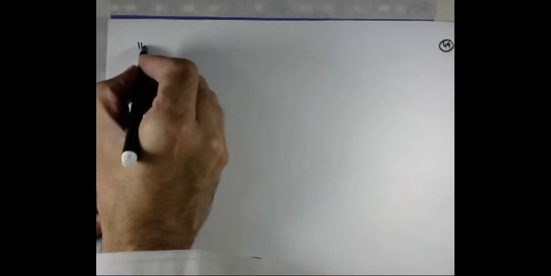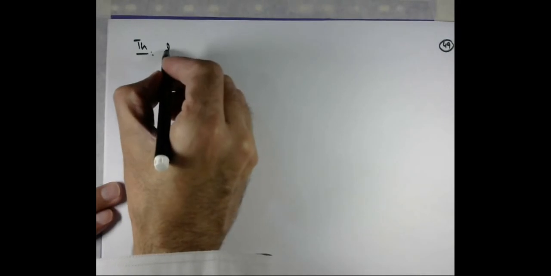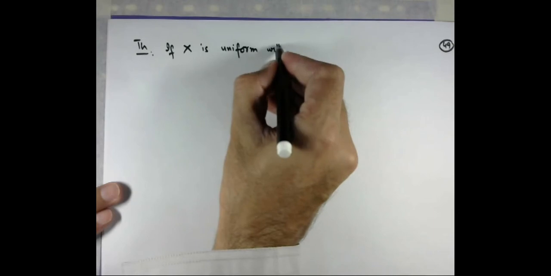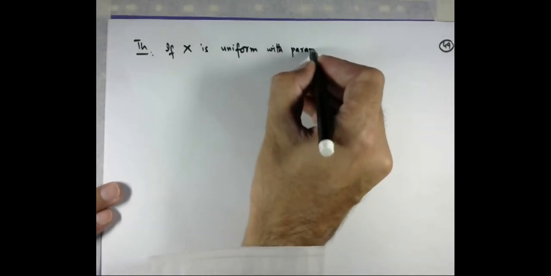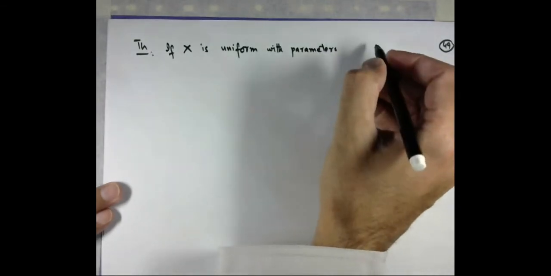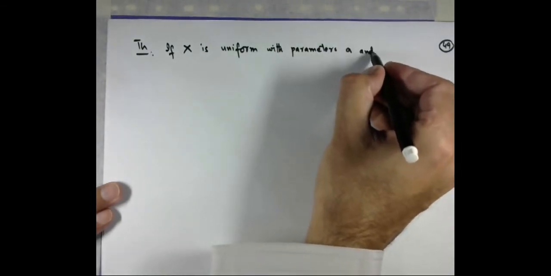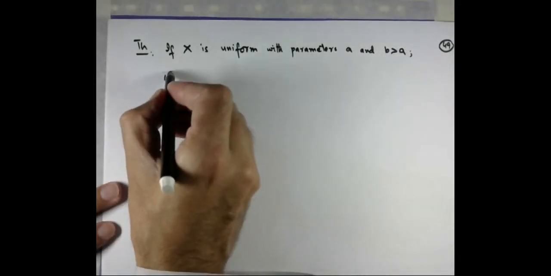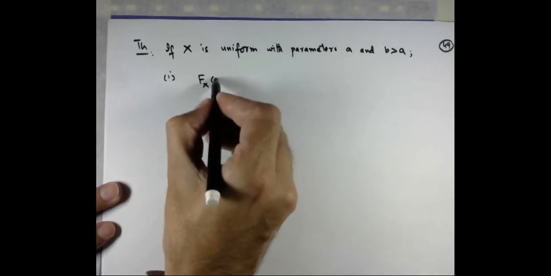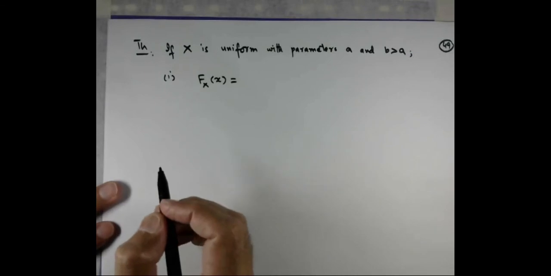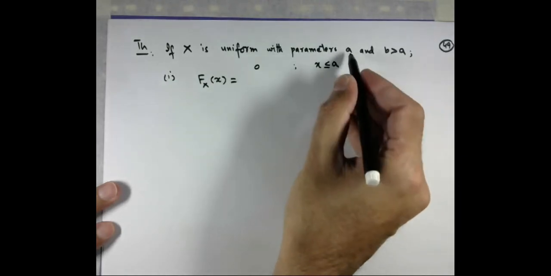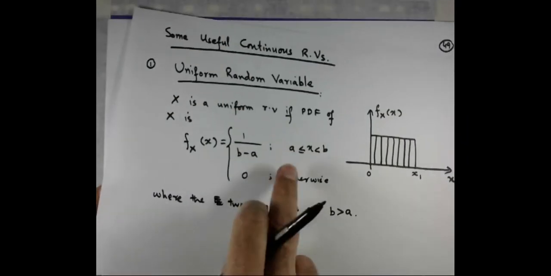So there is a theorem in your textbook that says if X is uniform with parameters A and B greater than A, then first the CDF of this continuous uniform random variable is 0 for X obviously less than or equal to A, which means below the first initial point.